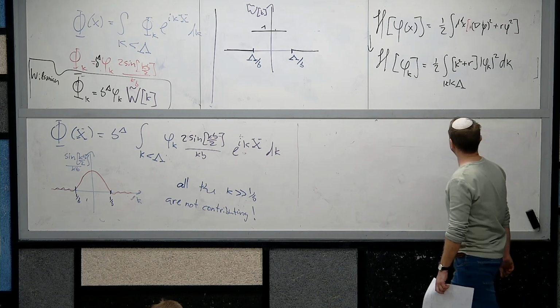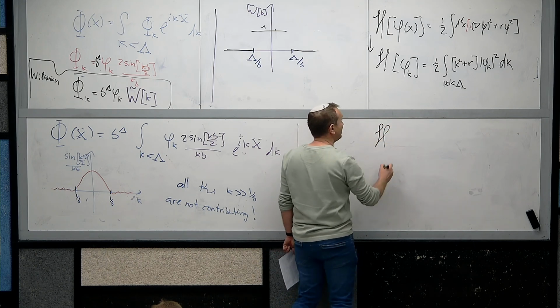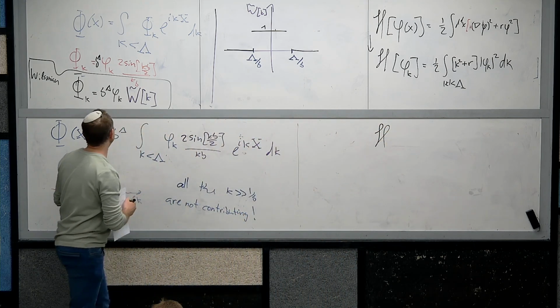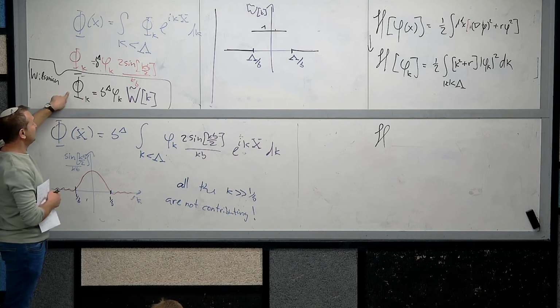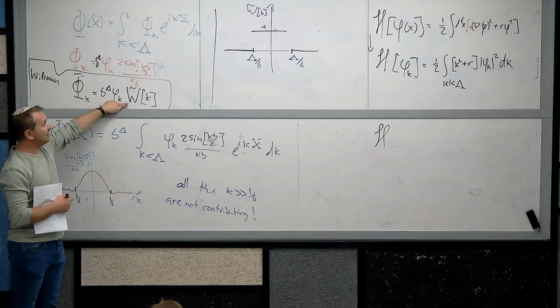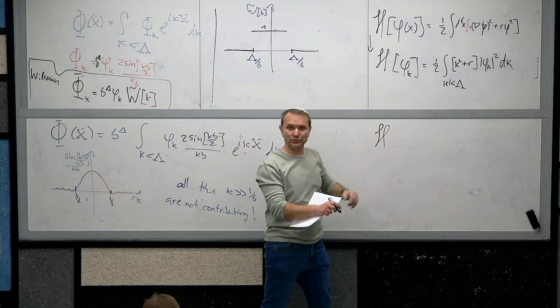Now, how difficult can it be? You have to plug in place of every phi of k this large phi of k, but you have a cutoff. So you take this integral and you split it into 2.